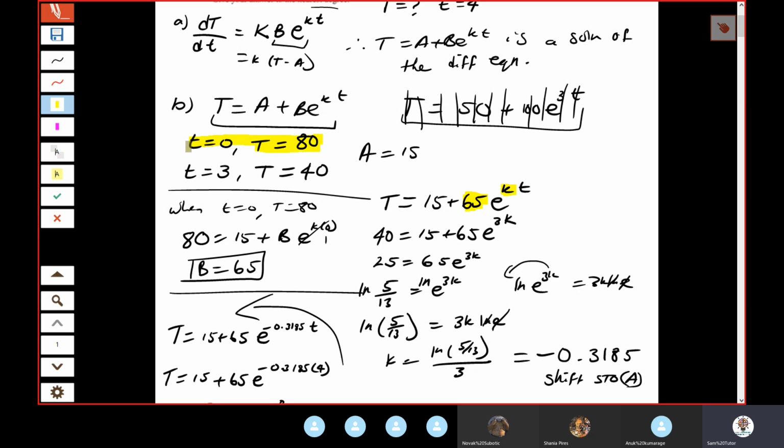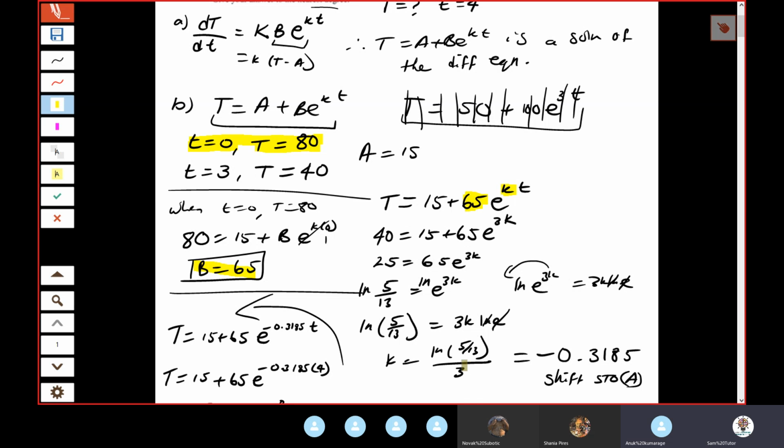The reason is that when time is 0, it eliminates the K value. It's just that when you do it here, you will have 2 missing letters. So then you would have to stop, go back and find B first, and then go back again and solve for K.